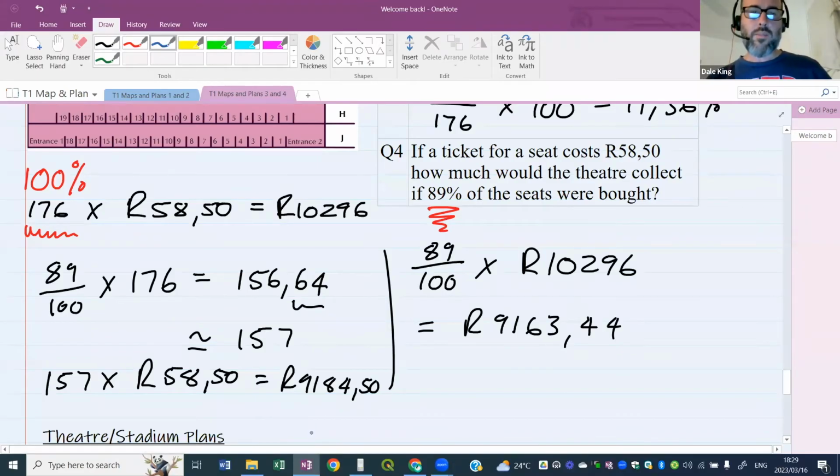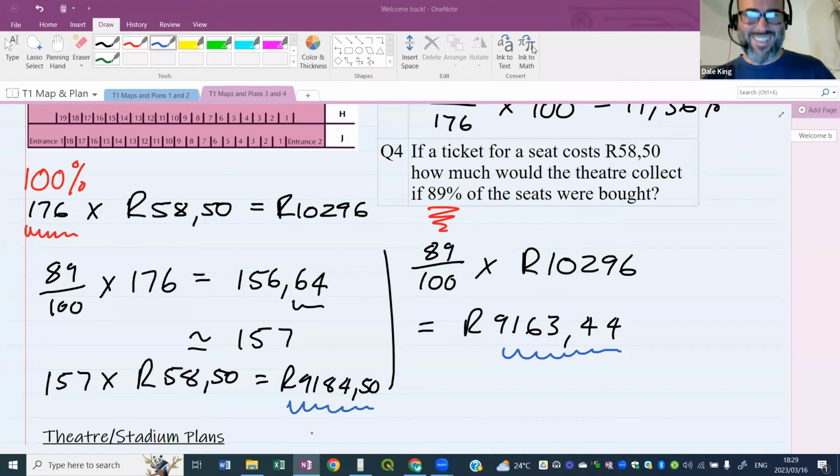Why are we getting different answers for these two calculations? Somebody, please talk to me. Anybody.